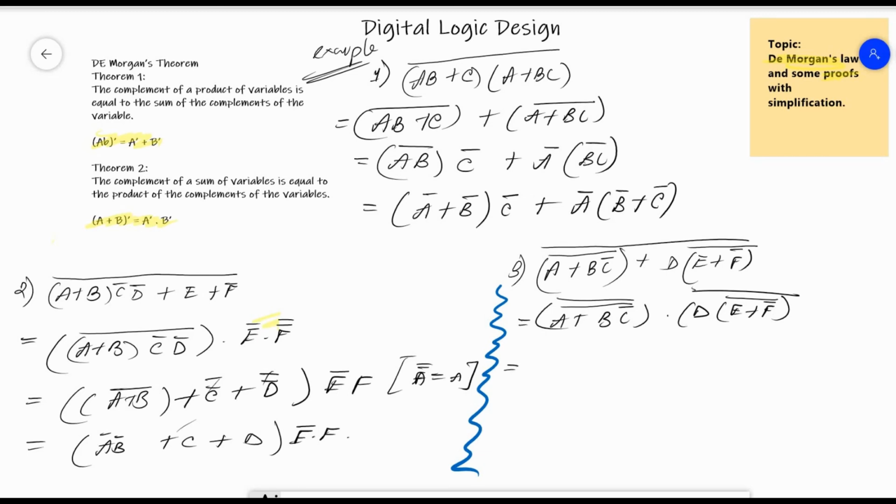Now we can rewrite it as a plus bc bar, as these two bars cancel each other, and we have here d bar plus e plus f bar with double bar here.